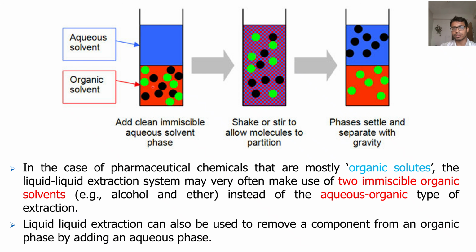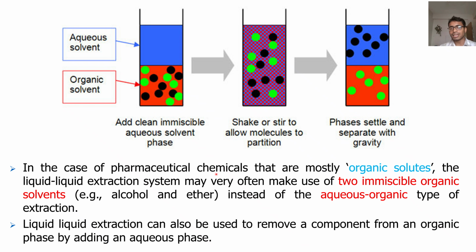Whenever you are mixing your compound in these solvents, then based on its distribution potential, partition coefficient or some other physicochemical property, the compound would be distributed. Because the mixture has polar compounds, non-polar compounds and intermediate polar compounds, they would be distributed in that manner. You can see the polar black compounds have been distributed in the aqueous phase, and the green non-polar compound has mixed with the organic solvent, so they have become separated.